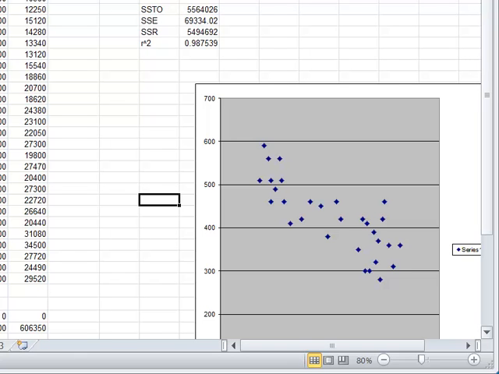So it seems that I have a little bit of a problem with my window.